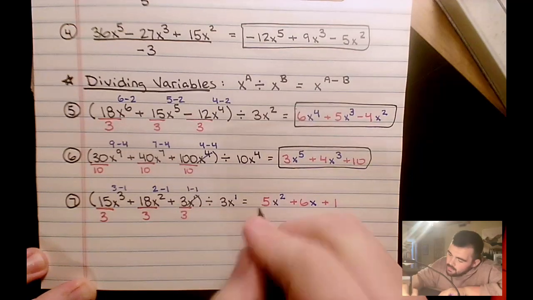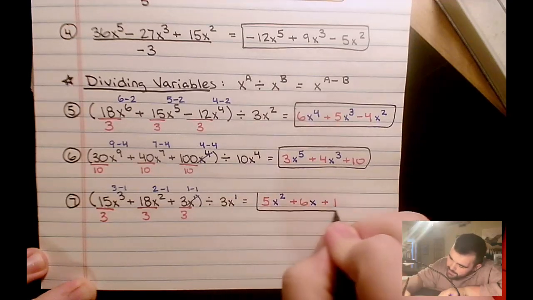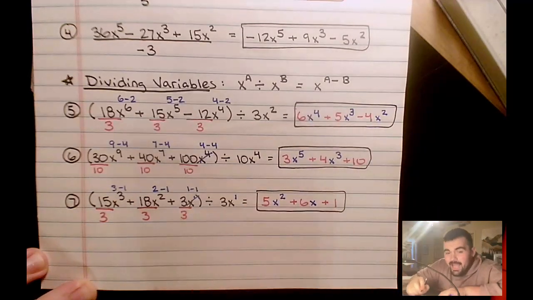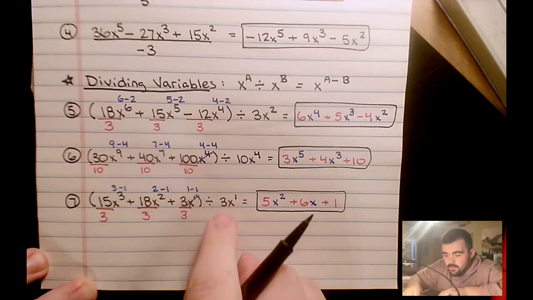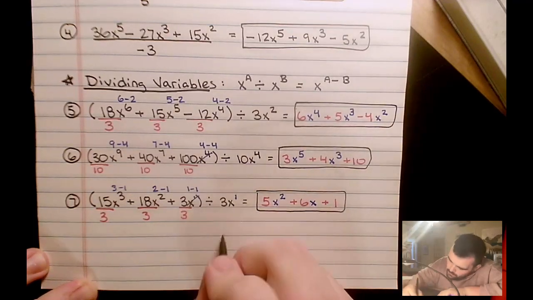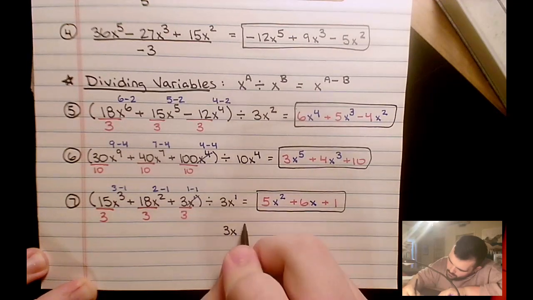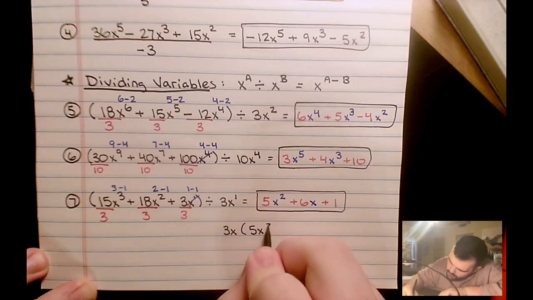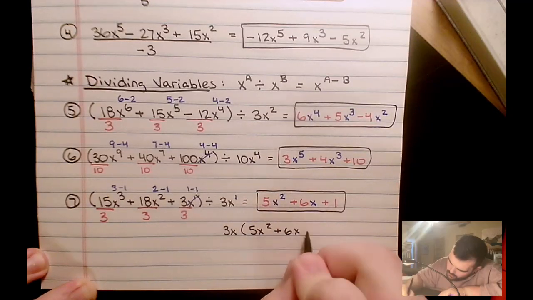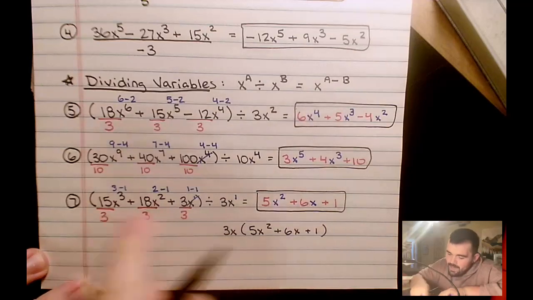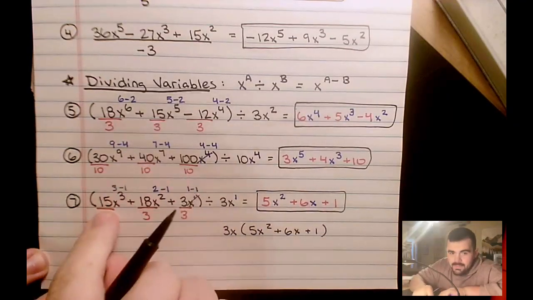The way I also like to think about this is I have to be able to redistribute 3x times all of this and get back to where I started in the parentheses up here.